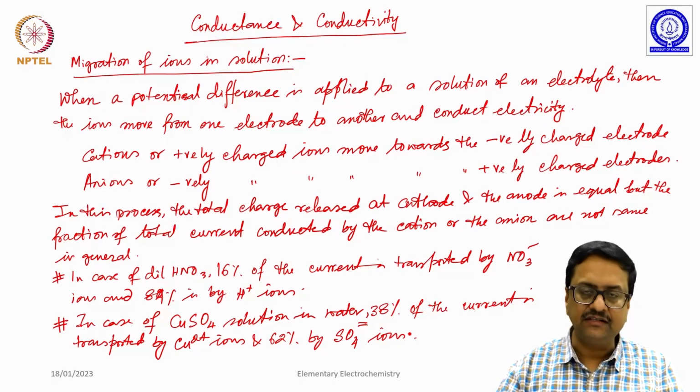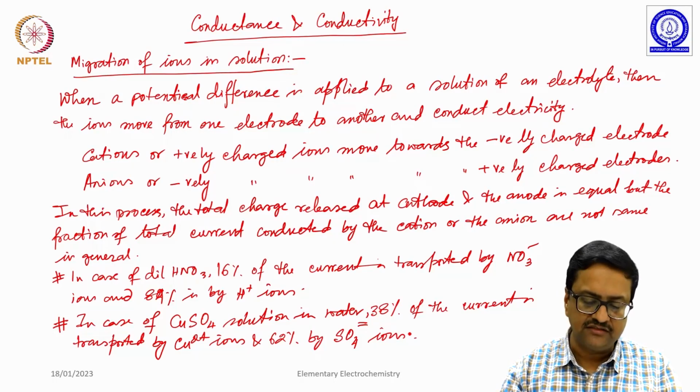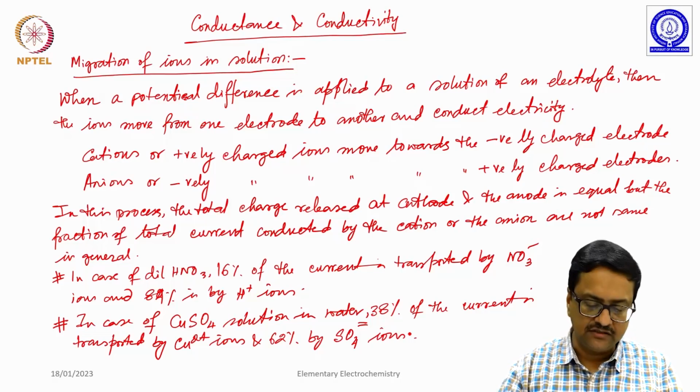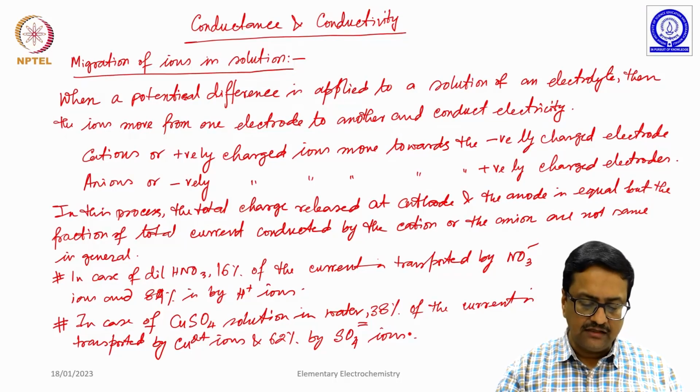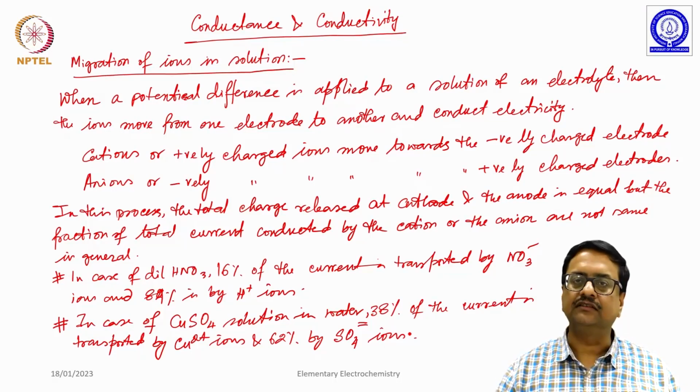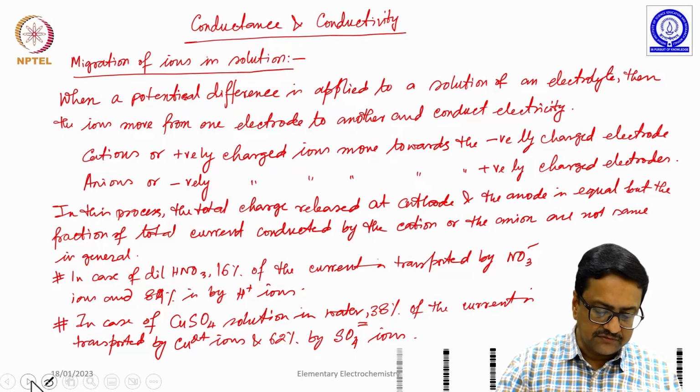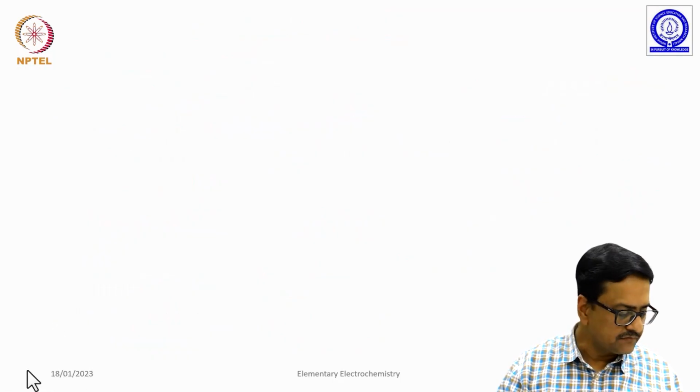So, in case of nitric acid, H plus and nitrate ions have different capability of transportation of electricity, and copper and sulphate ions have different capability of transporting the electricity.